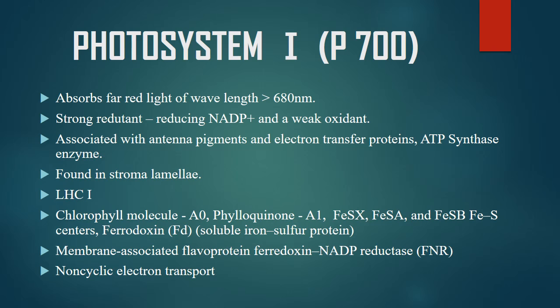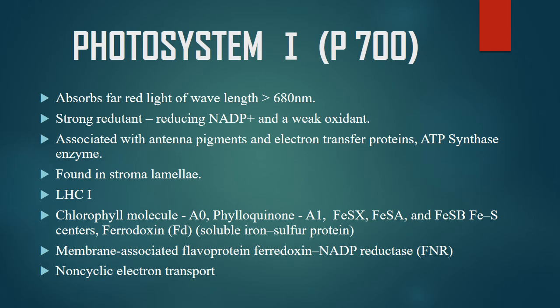Electrons are transferred through centers A and B to ferredoxin, which is a small water-soluble iron-sulfur protein. The membrane-associated flavoprotein ferredoxin NADP reductase reduces NADP plus to NADPH, thus completing the sequence of non-cyclic electron transport.